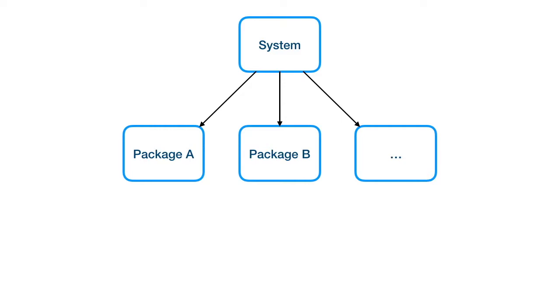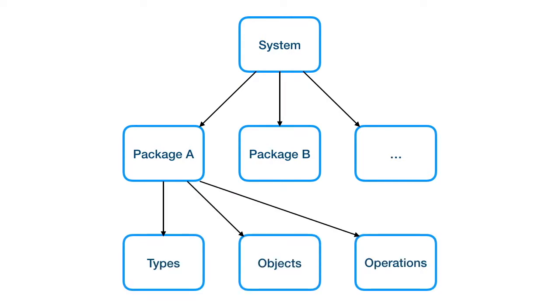However, it's clear that we will need some way to define further entities to provide the detailed description of our system. So as you can expect, and as you know from other programming languages, we will need some way to define types, objects, and operations. We will start with types.